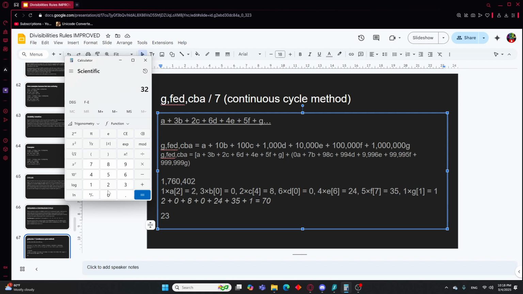My bad, I'm tripping. 321,760,402 divided by 7. Okay, why did that not work? Did I type it in wrong? That should have worked, according to my own math. Because 3... Oh! I'm stupid. It's because I'm multiplying it for no reason. I'm multiplying for no reason.